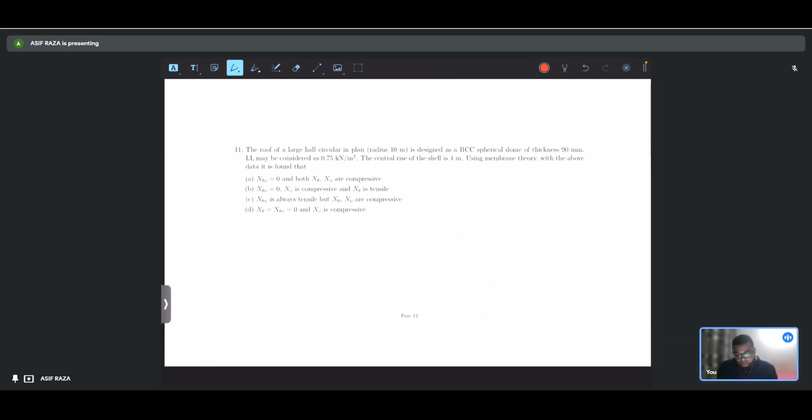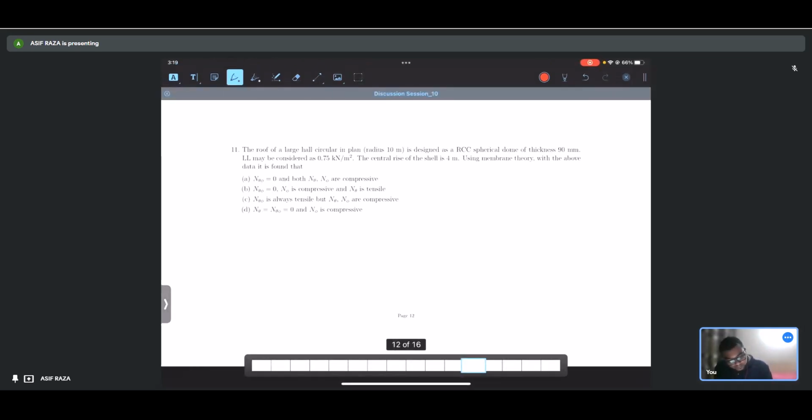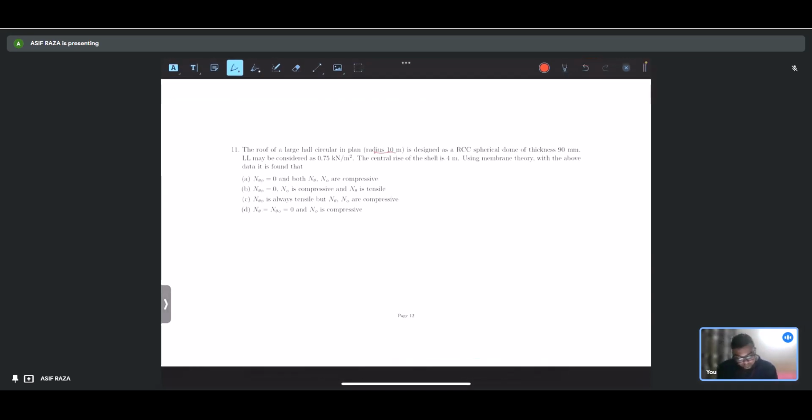Okay, now the next question. The roof of a large hall, circular in plan, radius 10 meter, is designed as an RCC spherical dome of thickness 90 mm. Live load may be considered as 0.15 kN per meter square. The central rise of the shell is 4 meter.